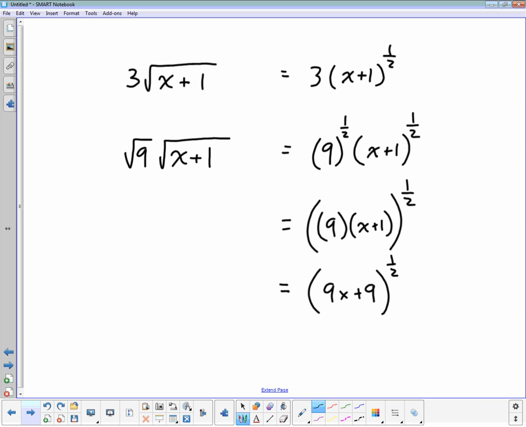With other things, you can pull them too, and you can play with other grouping symbols.